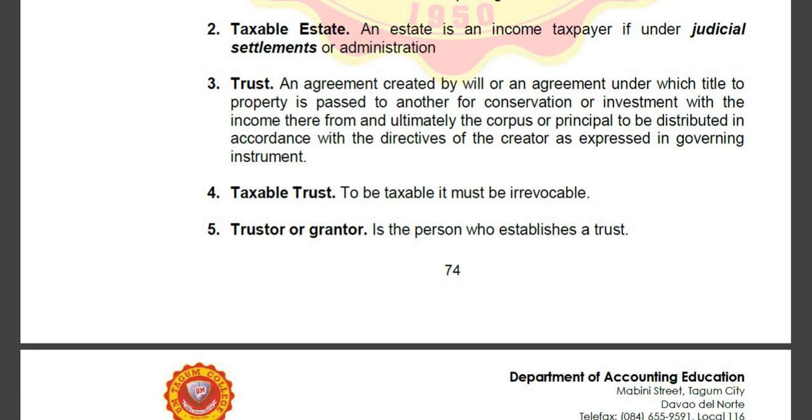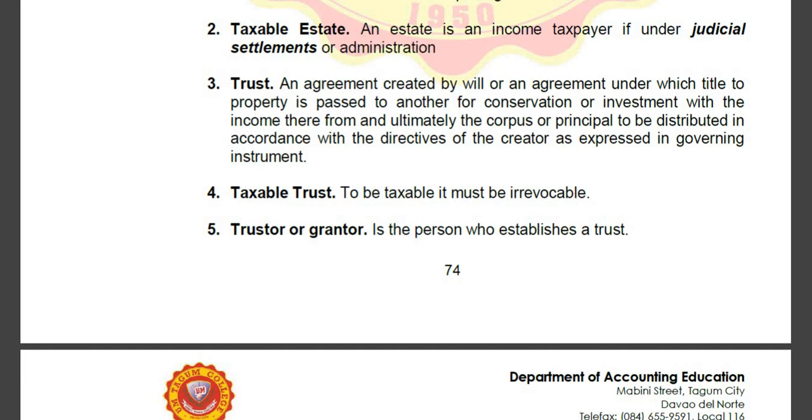So, a trust, to be taxable, must be irrevocable. So, only those trusts that are irrevocable are taxable. When you say irrevocable, the ownership of such property under trust will not revert to the grantor or to the original owner of the property, in this case the trustor or grantor.